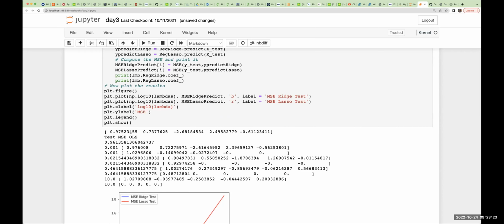This is a fourth order polynomial we're fitting, so this is the intercept term, the first term, the second, the x squared, x cubed, and x to the power of 4.